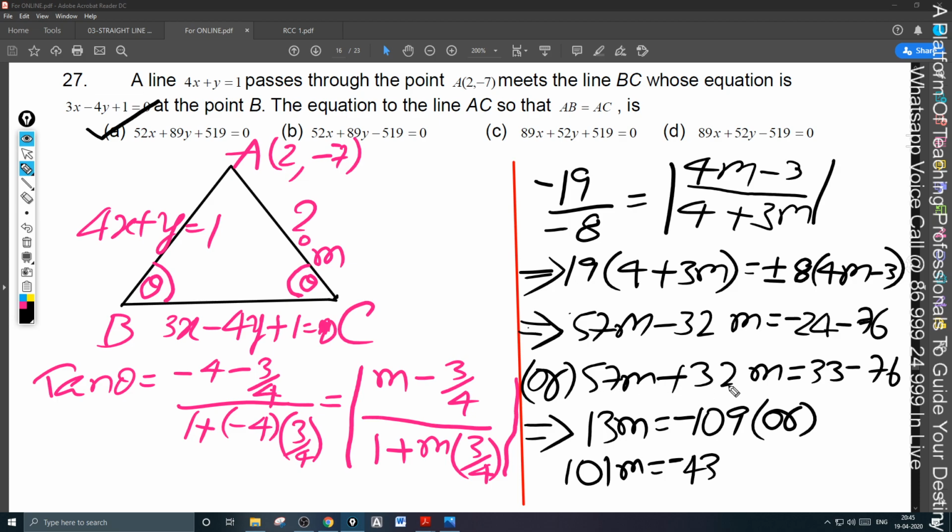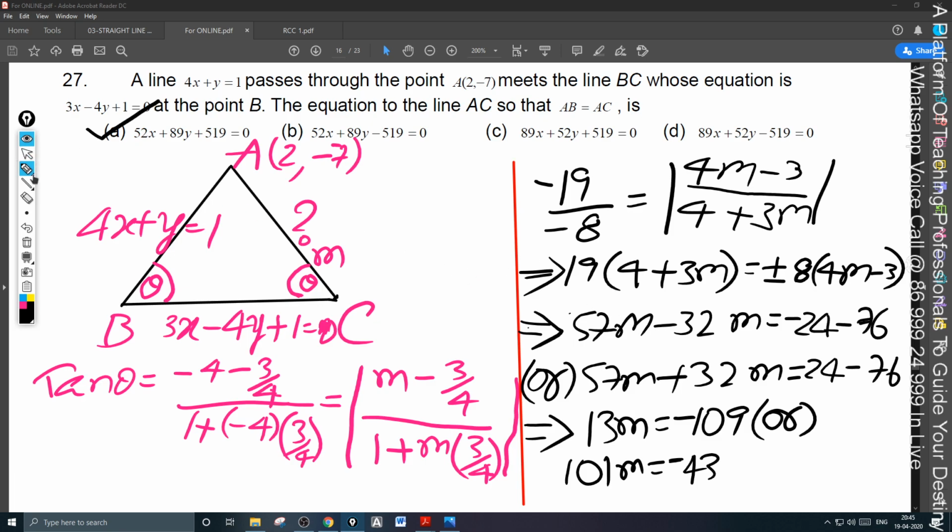It is 89 and it is minus 24. You are taking minus now, plus 24. Minus.